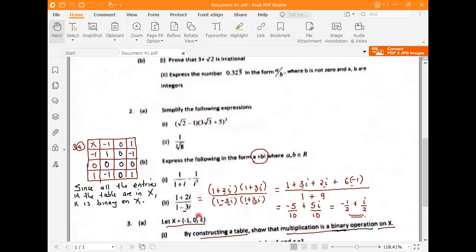Is that okay? They can also ask by constructing a table to show that addition is binary or not binary. Sure, you put plus instead of multiplication and then start adding numbers. If you get anything outside X, you say, because of that number there, this is not binary.